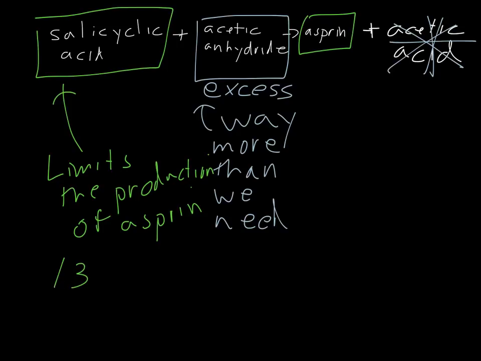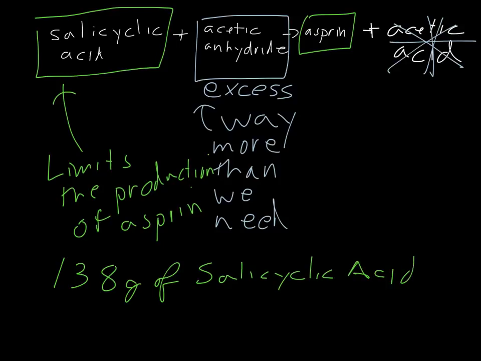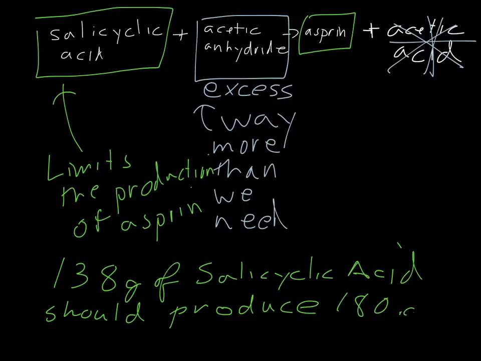For every 138 grams of salicylic acid you use, every 138 grams of salicylic acid we use should produce 180 grams of aspirin.